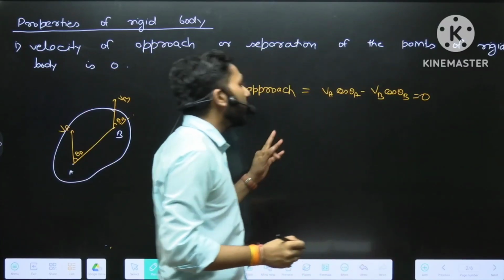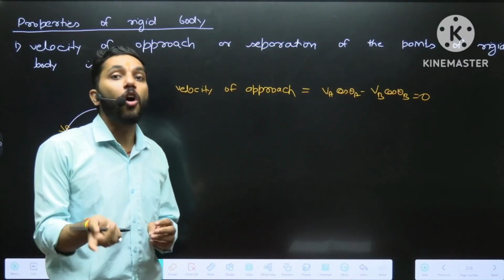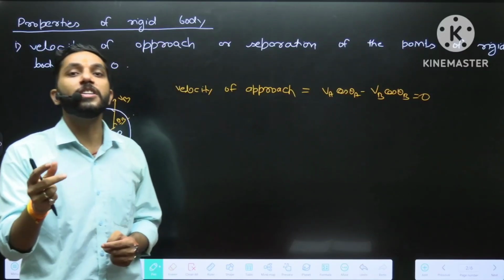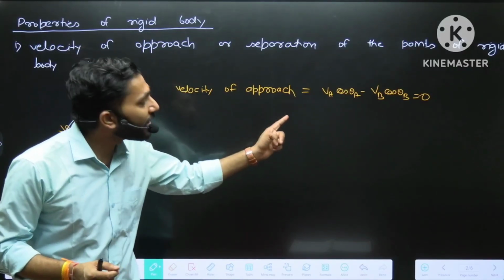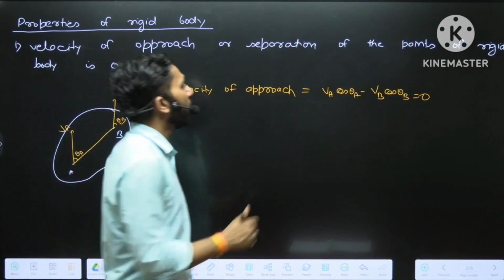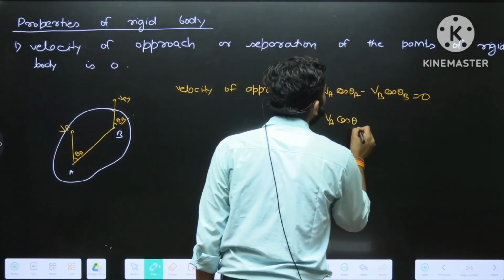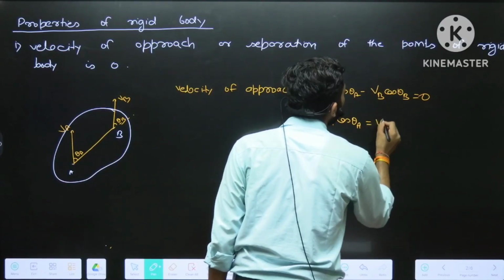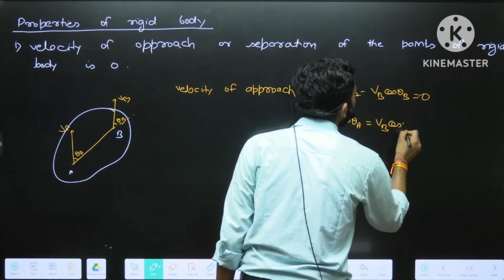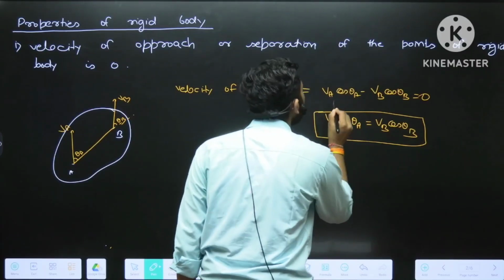And if it is 0, then and only then the body will be called a rigid body. Or conversely, if it is a rigid body, then VA cos theta A minus VB cos theta B will be 0. From here we get VA cos theta A must be equal to VB cos theta B. This is the property of rigid body.